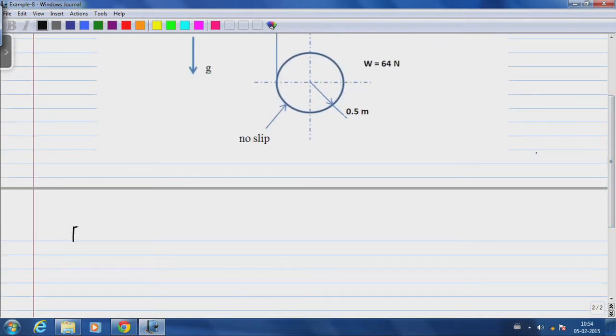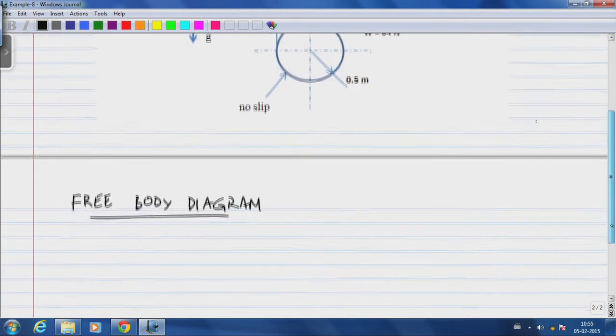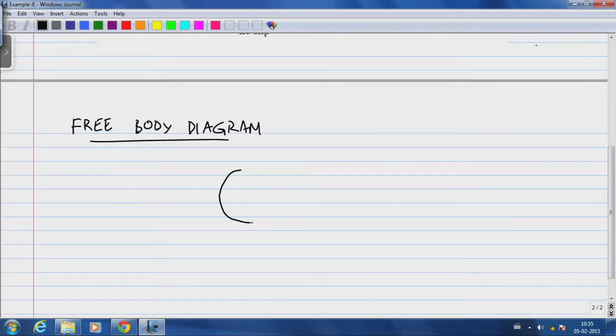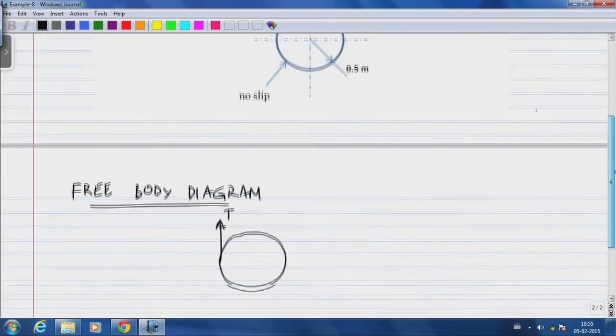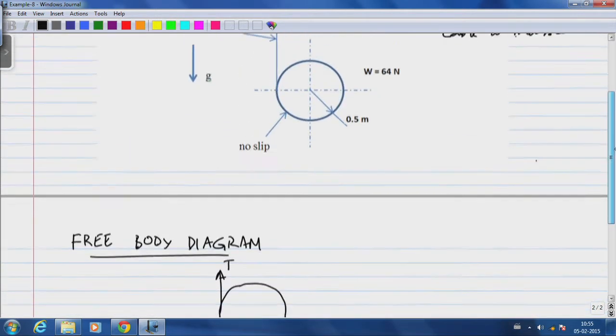The first thing to do is to make sure we learn how to draw free body diagrams. So, I am going to draw the free body diagram of the cylinder, and the idea of a free body diagram, like we said, is to replace the effect of all other bodies by forces.